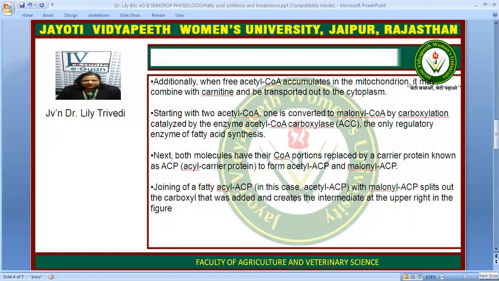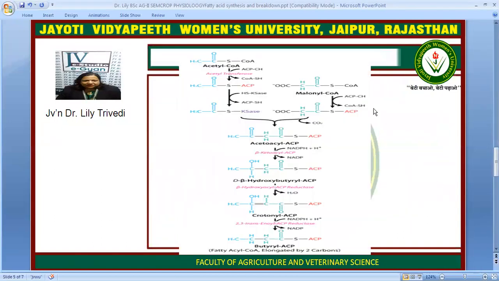Now you can see this in the figure also in the upper right. Now here is the acetyl coenzyme A. So here we have the acetyl transferase and it is converted into coenzyme A, and this is the acetyl coenzyme phosphate.